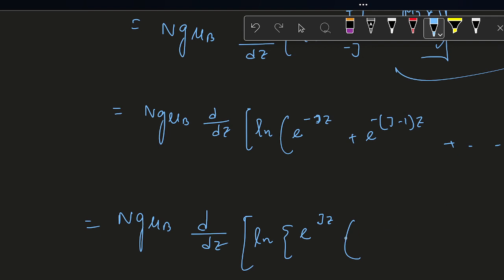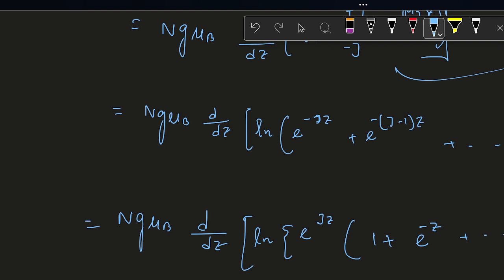So this term will now be 1, and the next term will be e to the power of minus z, and this continues, with the last term being minus jz, meaning it will be minus 2jz, right?